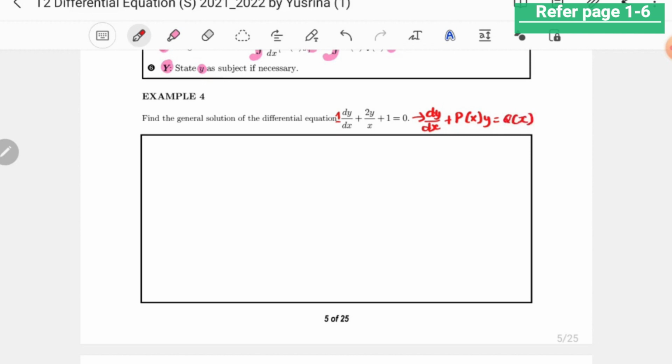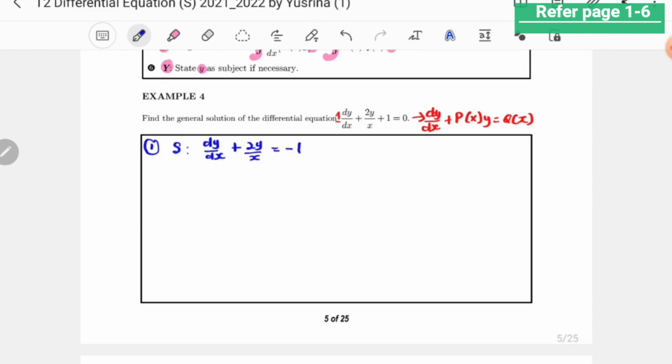So first step, we have S, standard form. dy/dx + 2y/x equals -1. This one is the standard form.